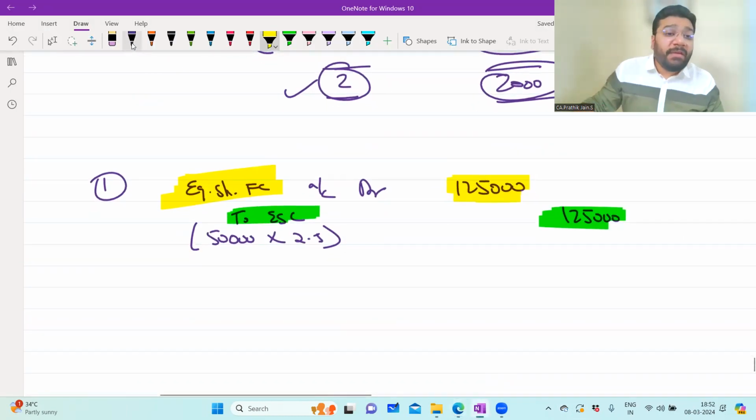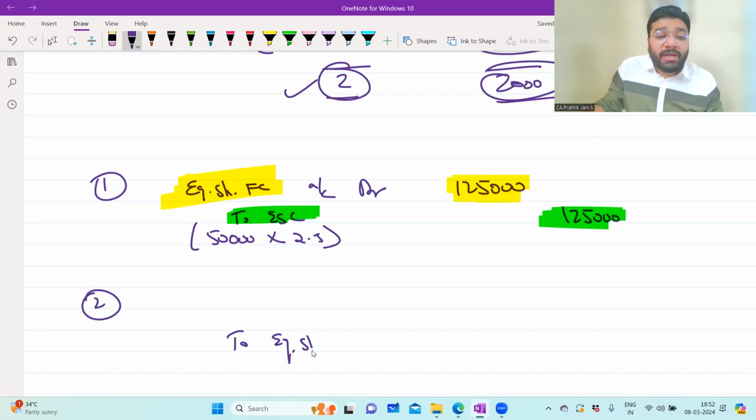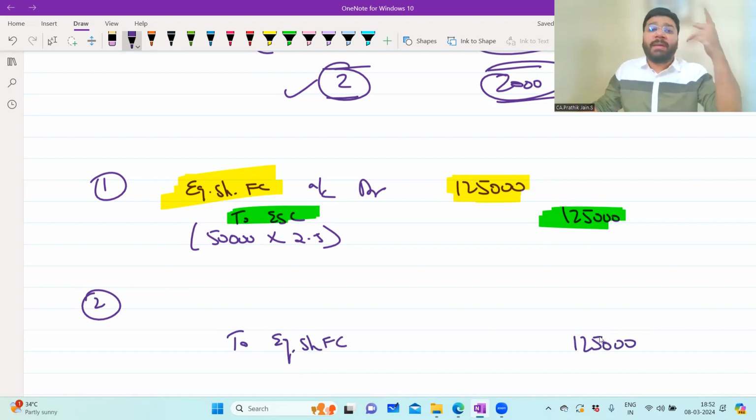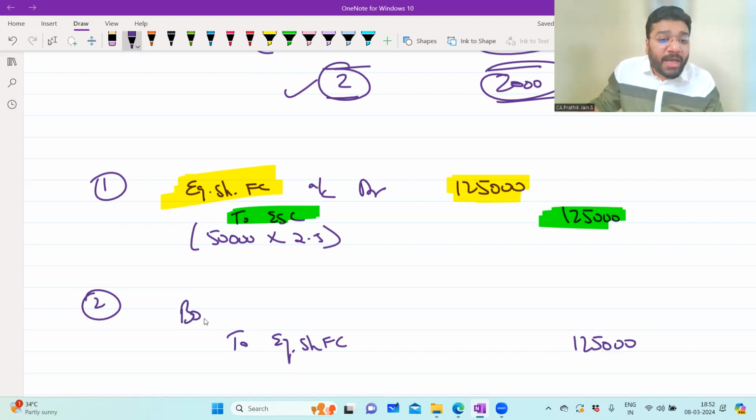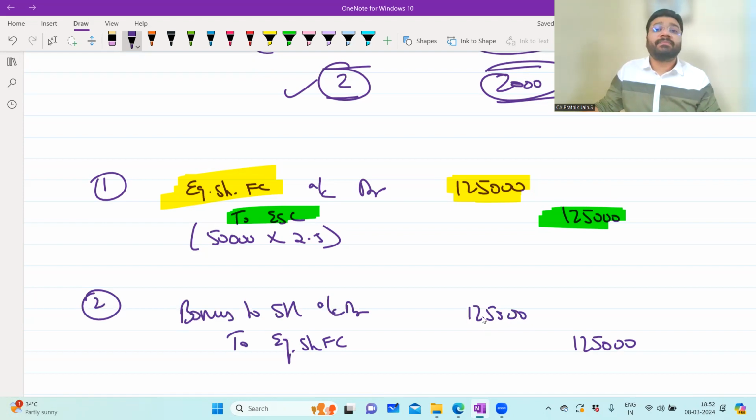So debit, we have equity share final call. To cancel it, I'm giving a credit. So equity share final call, I'm giving a credit 1,25,000 rupees. So equity share final call is knocked off. From debit, it is gone. In place of that, what am I debiting? Bonus to shareholder account debit 1,25,000 rupees.